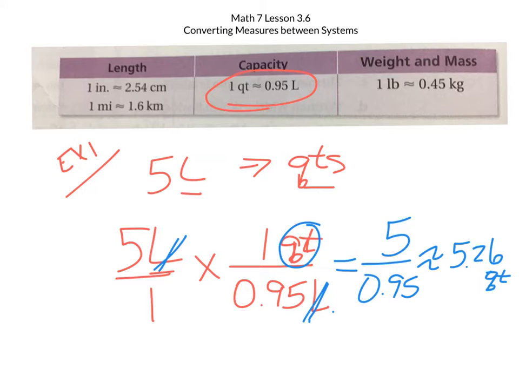All right, let's do a few of these together. For number 1, we have 7 miles, and we need to convert it to kilometers.